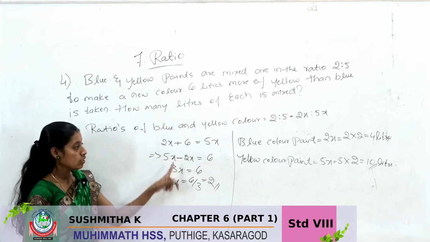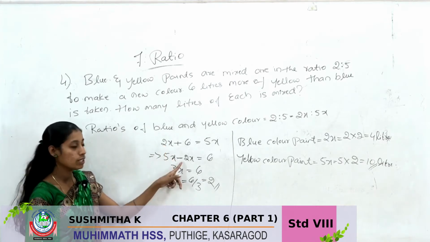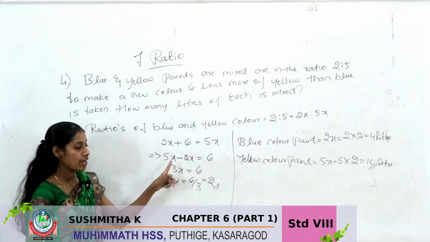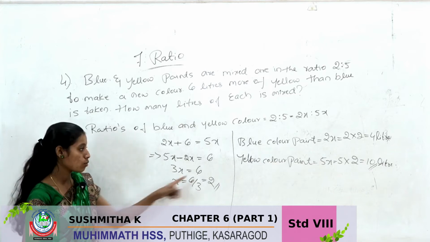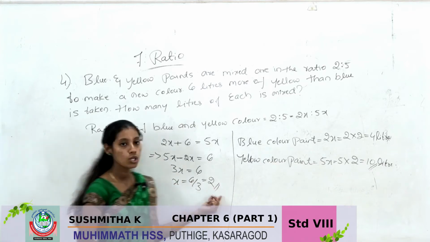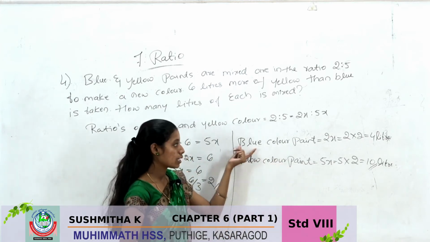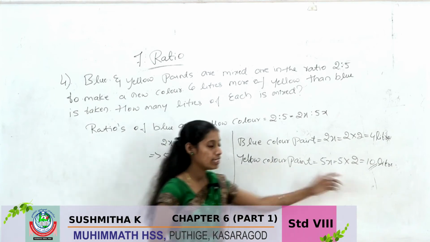Then 5x minus 2x is equal to 6, so 3x is equal to 6, that is, the value of x is 2. Then we will find the separate colors: blue color is 4 liters and yellow color is 10 liters.